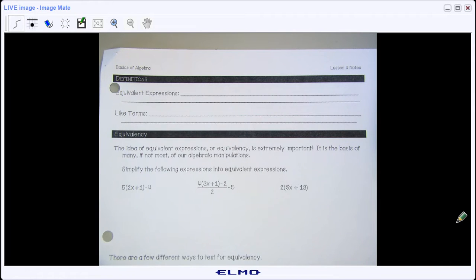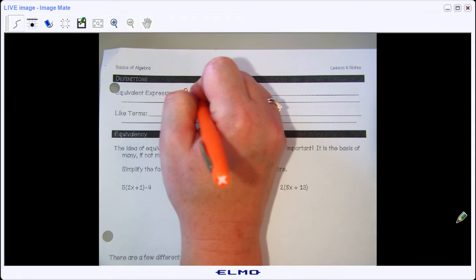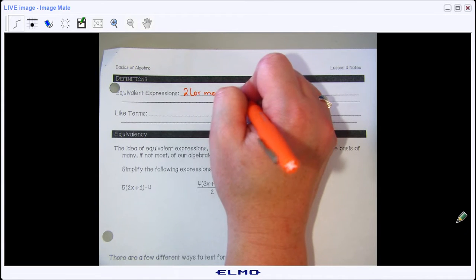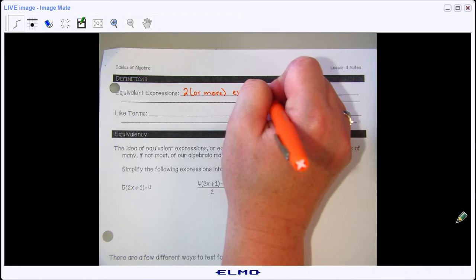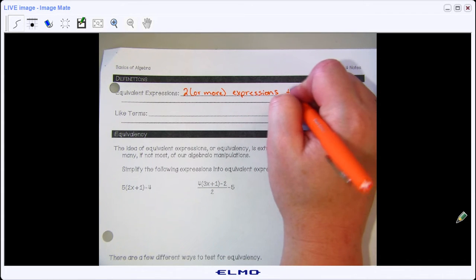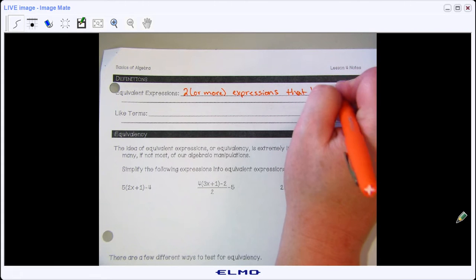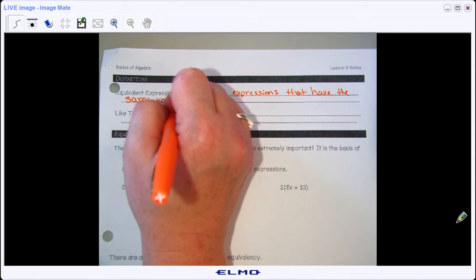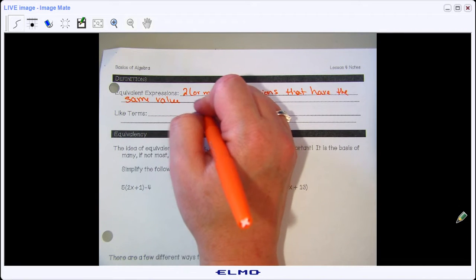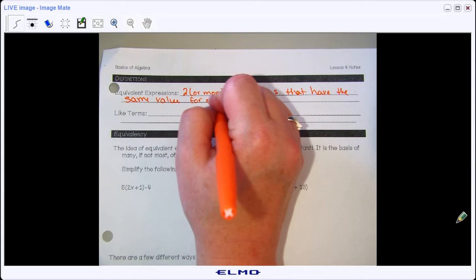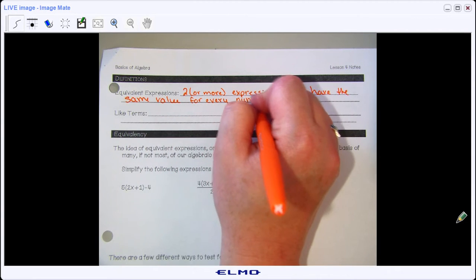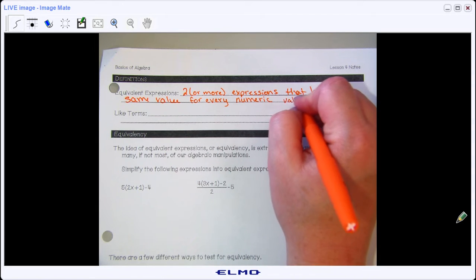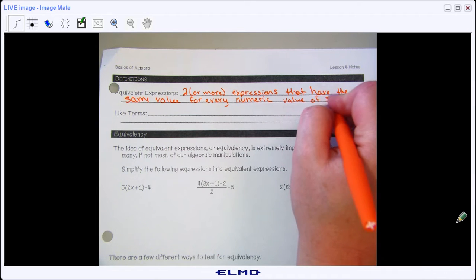So an equivalent expression is two or more expressions that have the same value for every numeric value of substitution in the variable.